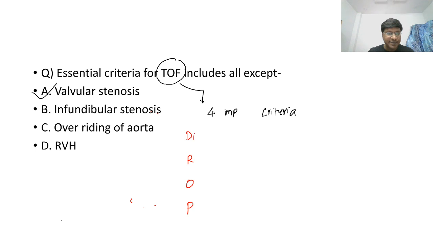there will be displaced aorta. Now what do you mean by displaced aorta? It is nothing but overriding of aorta. You take the letter R. R stands for right ventricular hypertrophy.